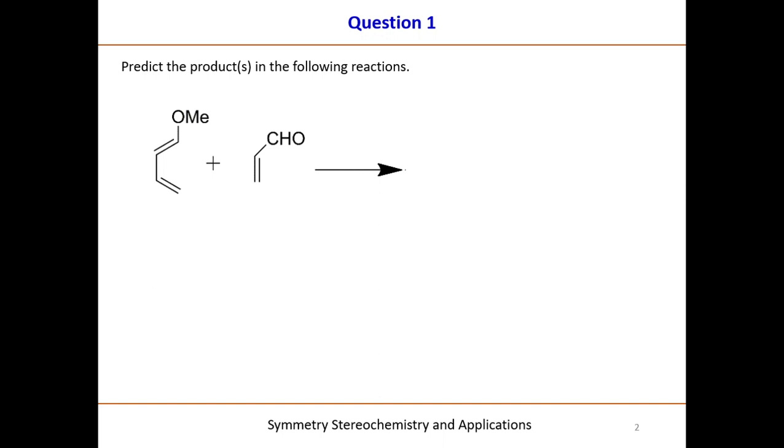In this question, you can see we have an electron donating group on the diene substrate. This is our diene, and this is our dienophile.